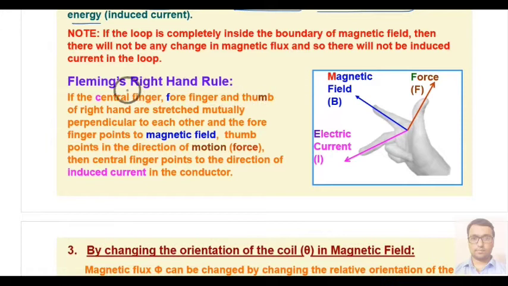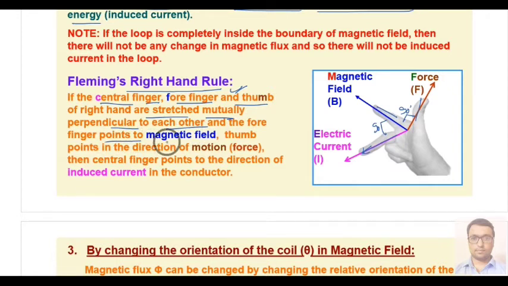Then we have Fleming's right hand rule to identify the direction of induced current. According to this rule, the forefinger, thumb and center finger are stretched mutually perpendicular to each other, each at a 90-degree angle to the others.